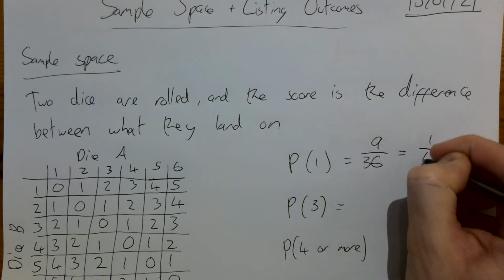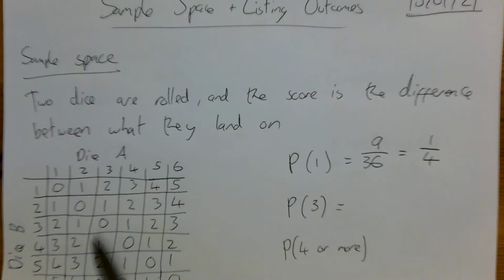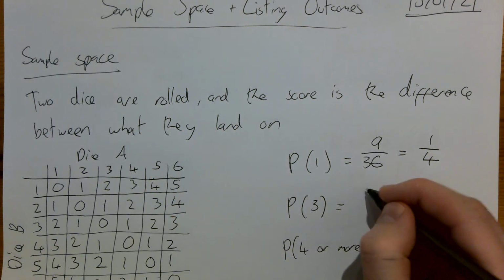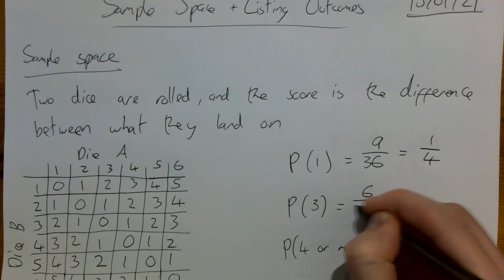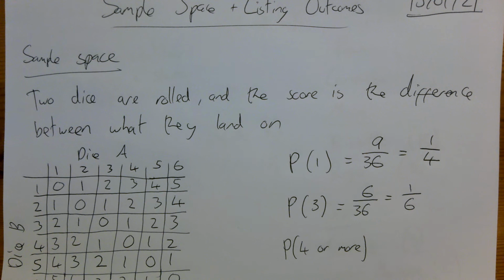You could simplify that to 1/4. Probability of getting a 3, there are 1, 2, 3, 4, 5, 6 3s, so the probability of getting a 3 will be 6 out of 36 options altogether, or 1/6.